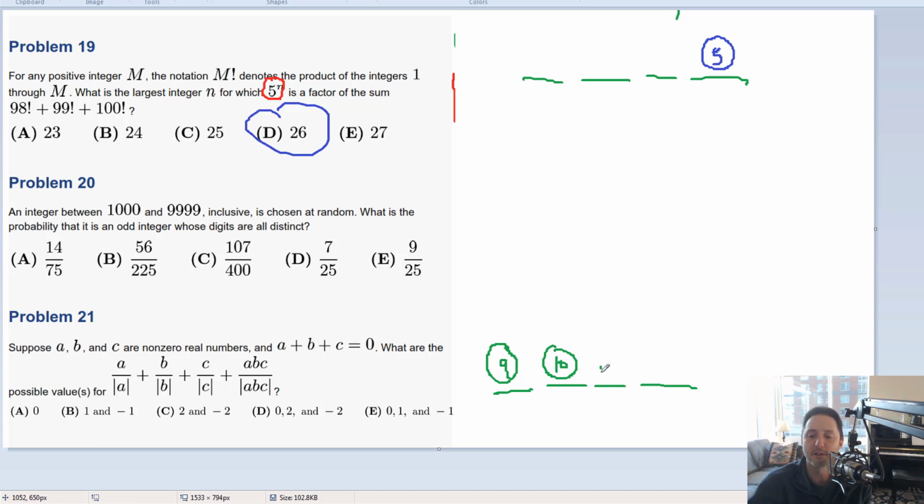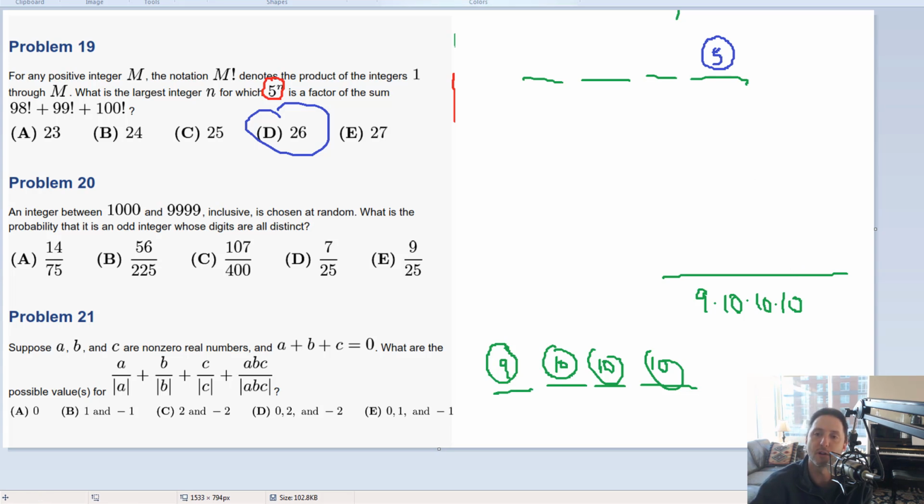So there are 10 possibilities there, 10 possibilities there, 10 possibilities there. So whenever we go into probability, remember, it's just a fraction. It is the number of ways we can get the specific desired outcome divided by the number of total outcomes. The number of total outcomes is 9 times 10 times 10 times 10. There are 9,000 possible 4-digit numbers.